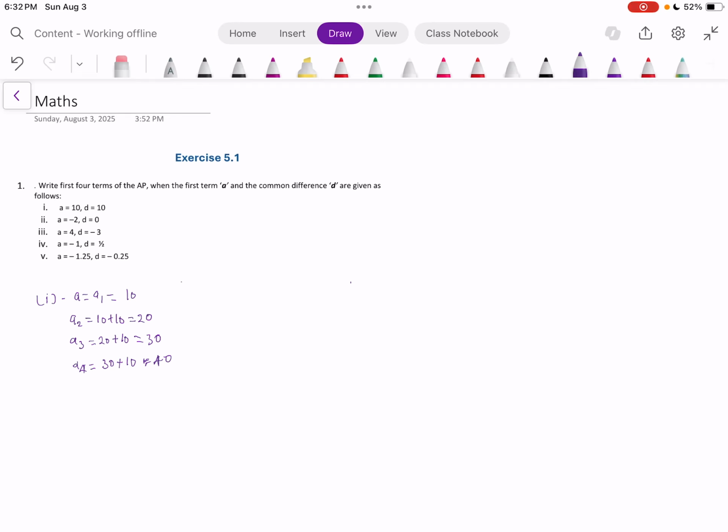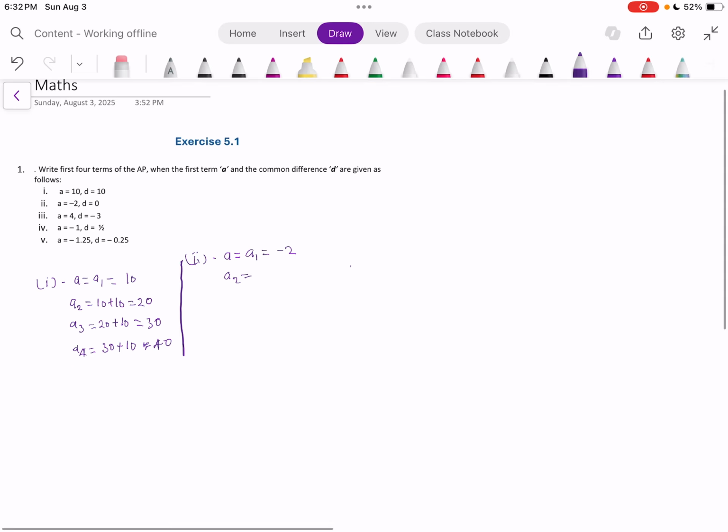Then the second part of this question, A is -2 and D is 0. So A or A1 is going to be -2. A2 is going to be previous term plus the difference, -2 plus 0.